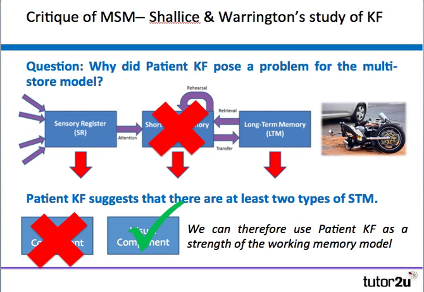Patient KF had a horrible motorcycle accident and lost a lot of his short-term memory, but he could still create and hold memories in his long-term memory because he did not lose his visual short-term memory. He could still process things visually. So this is a lot of support for the working memory model, and it tends to contradict the somewhat linear and static view of the multi-store memory model.